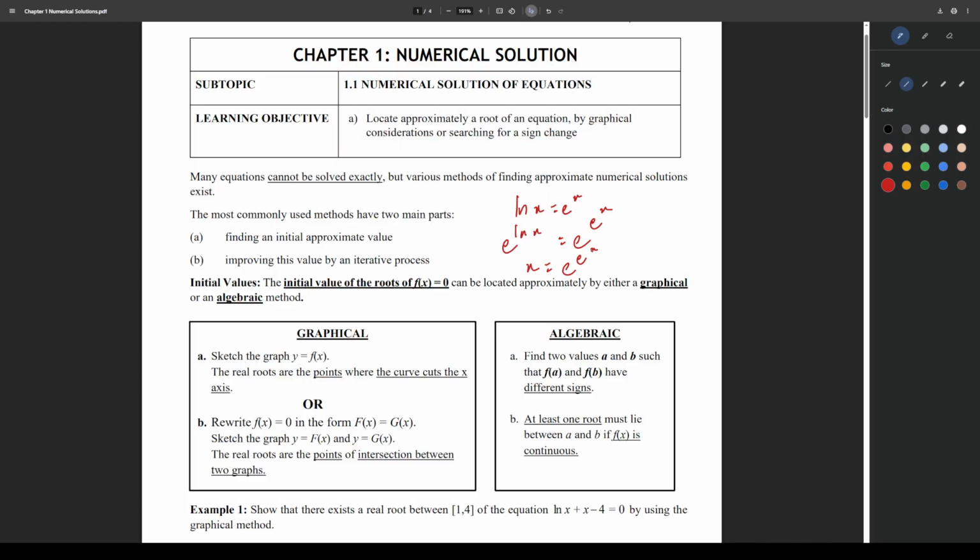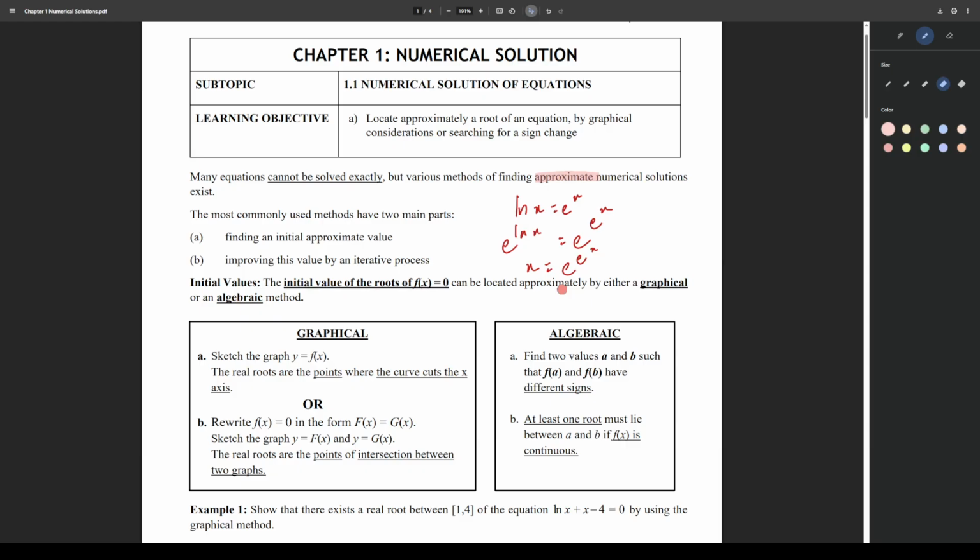Ini kita panggil algebraically unsolvable equation lah. Kamu tak boleh solve. So kita tak boleh solve exactly, we have to approximate. Kat sini kamu boleh tengok tulis finding approximate. Kita approximate, bukan teka, kita anggar value tu kan, approximate numerical solutions.